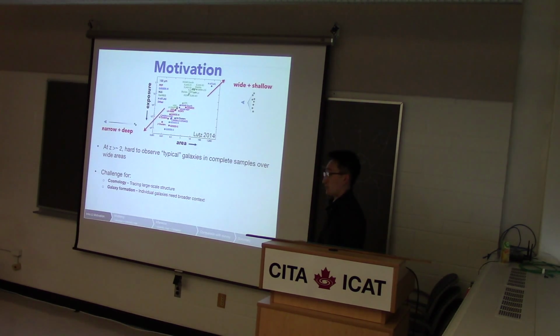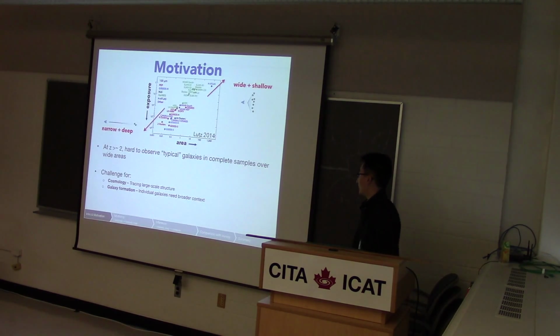So for cosmology, if you're trying to trace large-scale structure, for example, if you're trying to trace BAO, right, or the linear power spectrum in general, you need sufficient number densities of galaxies over sufficiently wide areas as well. And for galaxy formation, any individual galaxy you might observe, for example, at redshift 9 or 10 or 11, needs broader context.